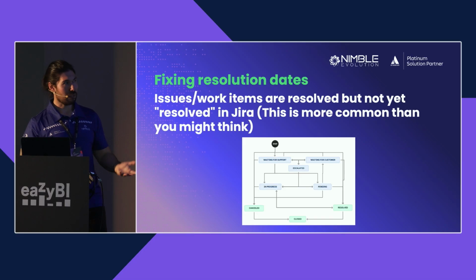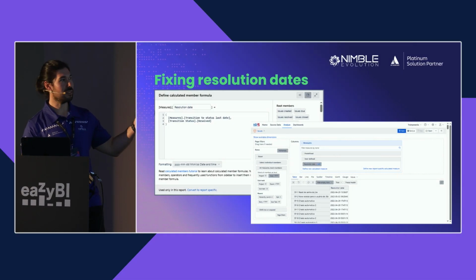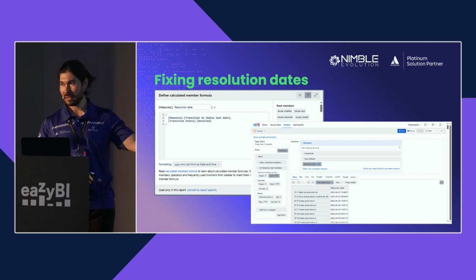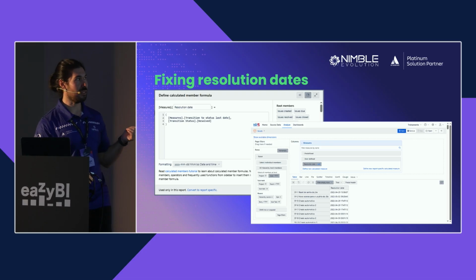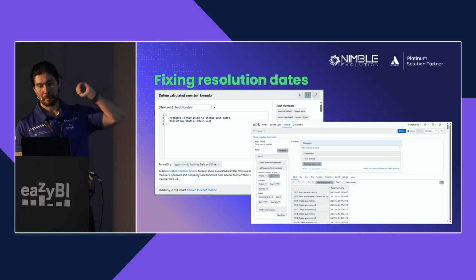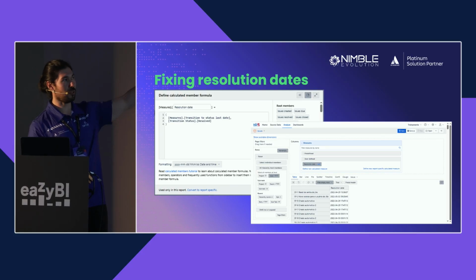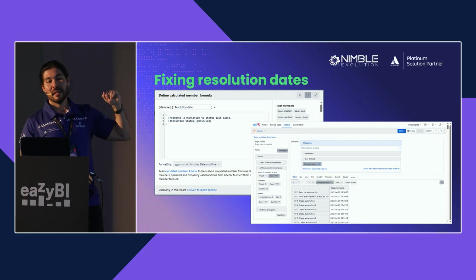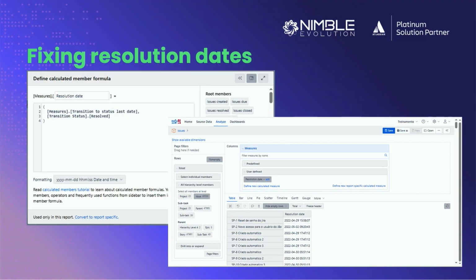So in a lot of these scenarios, eazyBI also helped us to get the real data and correct that information in Jira. Easily, you just need to import data into eazyBI, and you can create a formula, a calculated measure, getting the last time that an issue was transitioned to a specific status.